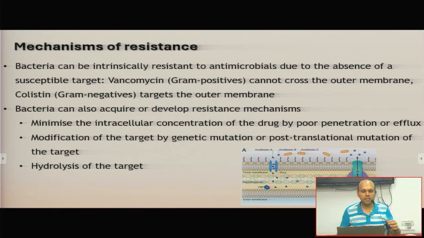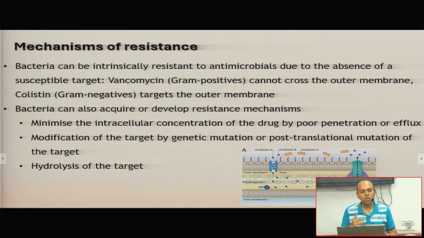Okay, so mechanisms of resistance. Bacteria can be intrinsically resistant to antimicrobials due to the absence of a susceptible target. So there is no target for the antimicrobial in that particular organism. You know what a target is, right? The target is needed for the antibiotic to act on it so that it can kill the bacterium.